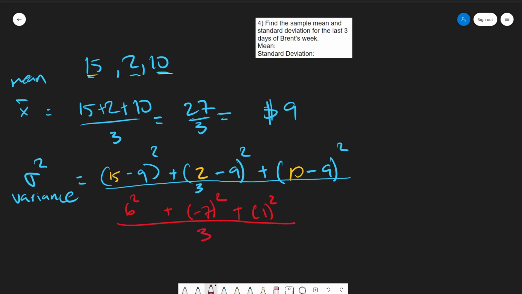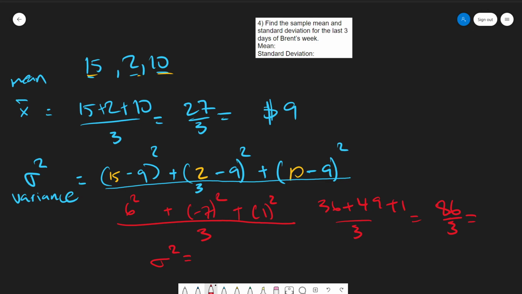Let's add them up. That's 36 plus 49 plus 1. So we get an 86 divided by 3, and that looks to be a number. So our variance is, what was it, 27.3? 28. 28.6.